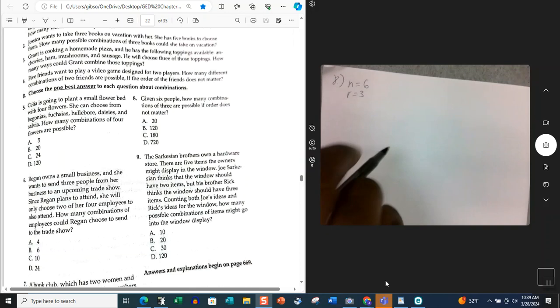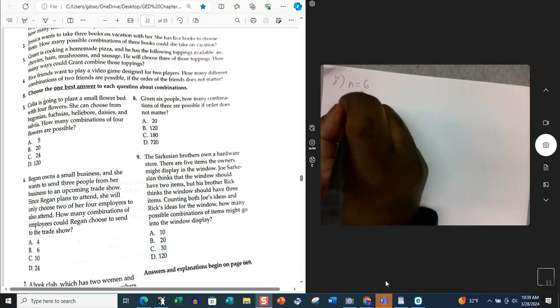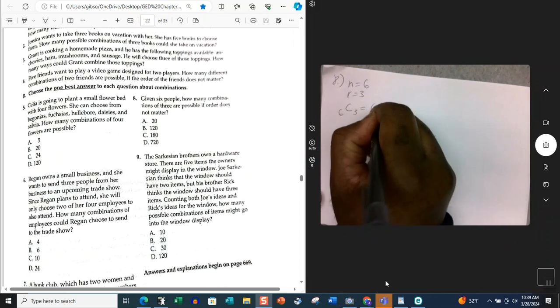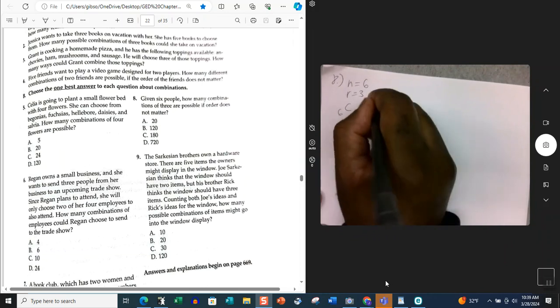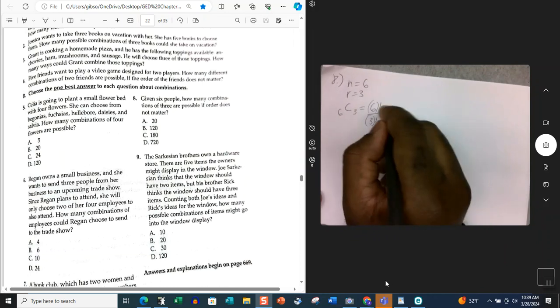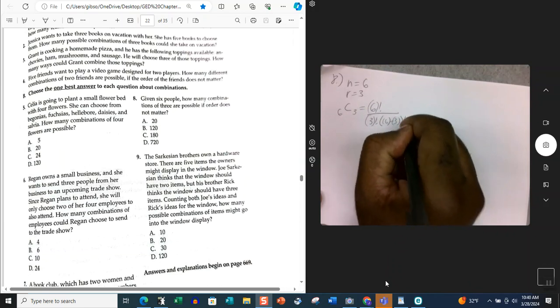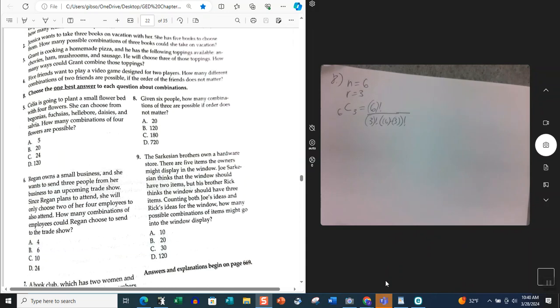So we do our formula. We have 6C3 to be 6 factorial over 3 factorial times the parenthesis of 6 minus 3 parenthesis factorial. Now we put this in our calculator.